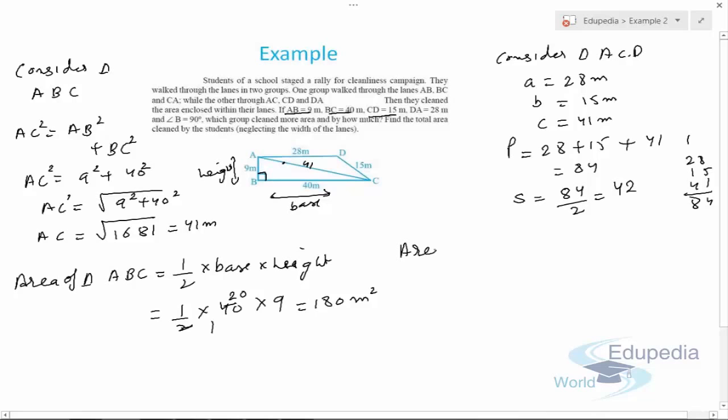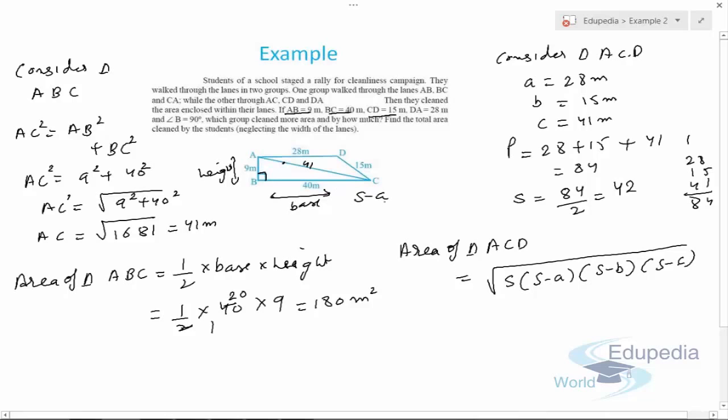So we can say that the area of triangle ACD will be equal to under root of S into S minus A into S minus B into S minus C. So first of all we need to find S minus A, S minus B and S minus C, right?